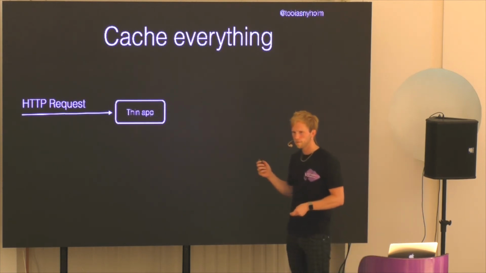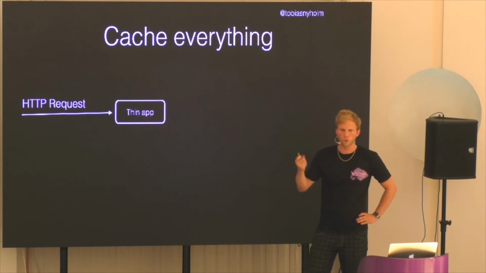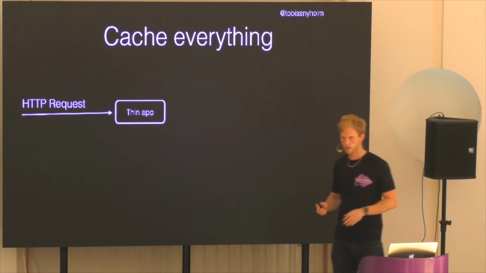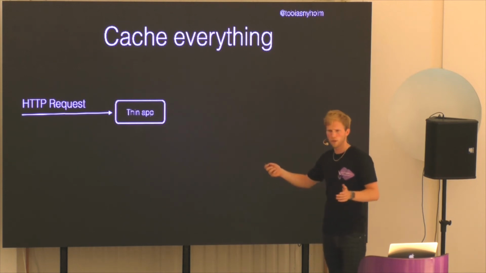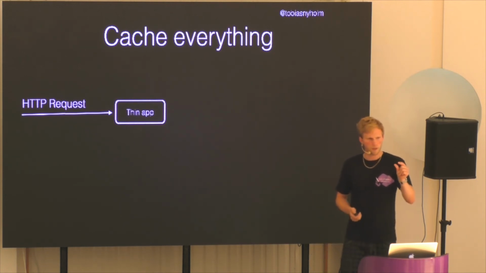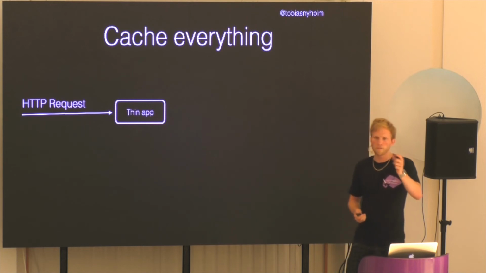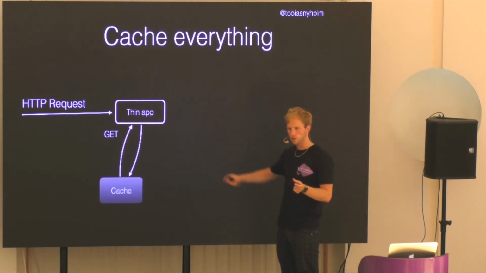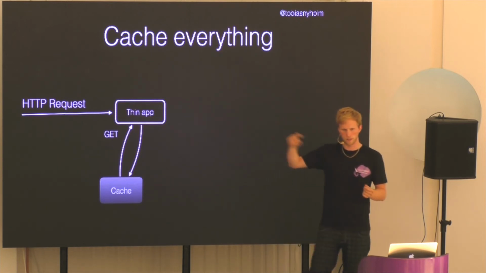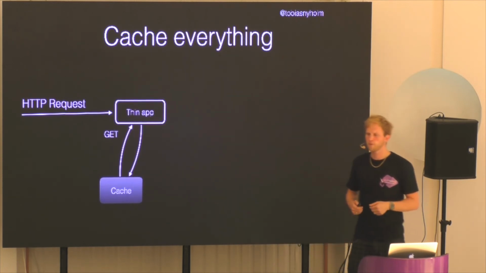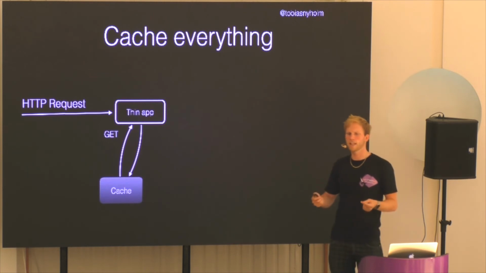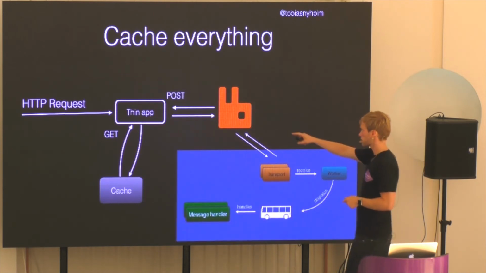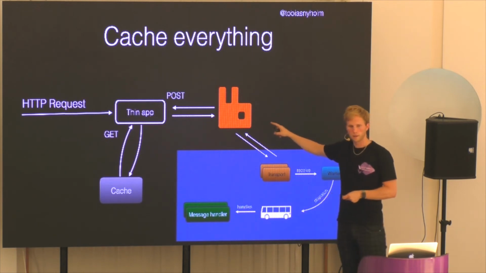This is a Swedish website selling food online. And they have an architecture of caching everything, which basically means that if an HTTP request comes in, they have a very, very thin application, just like a one file application. If it was a GET request, they just fetch something from the cache and serve it. If it was a POST request, like if an administrator was adding a new item in the store, the POST request just went to RabbitMQ.